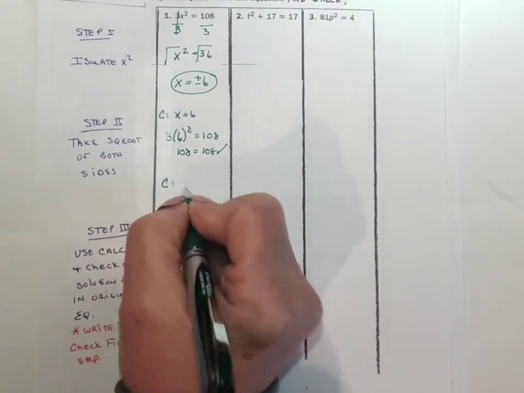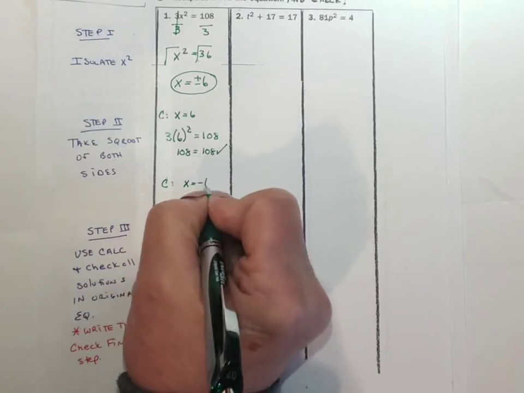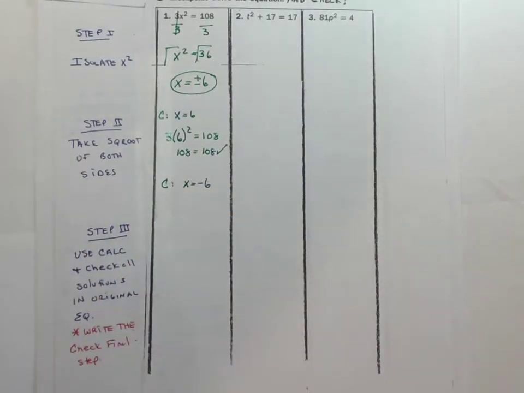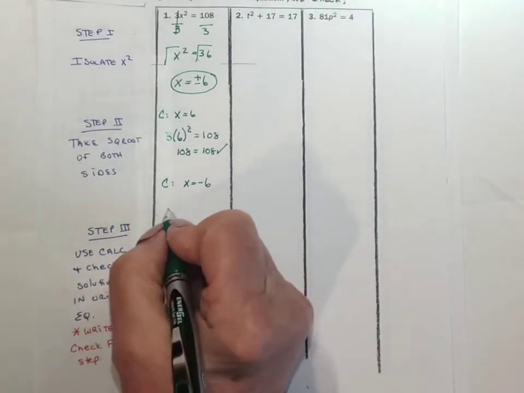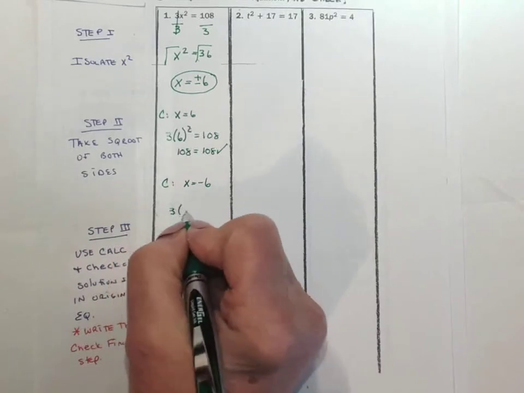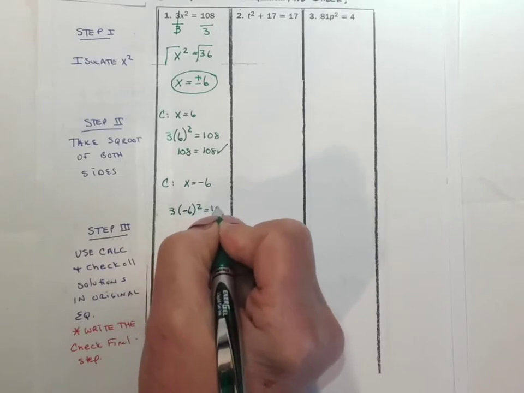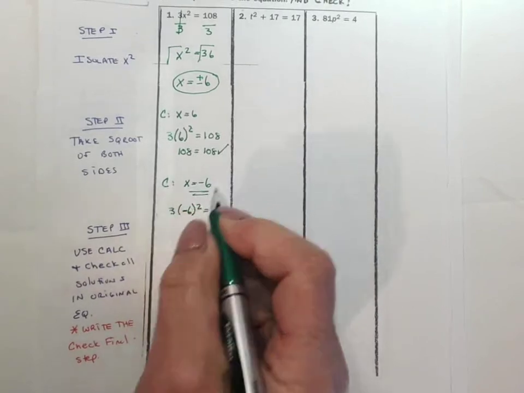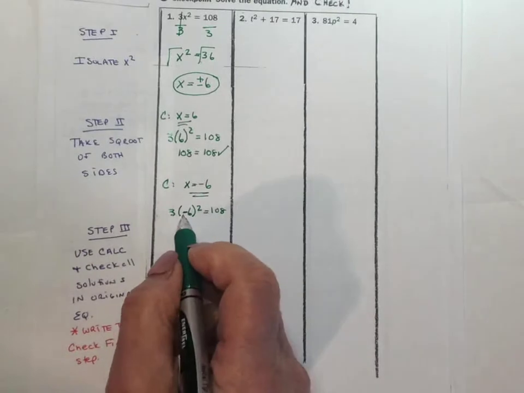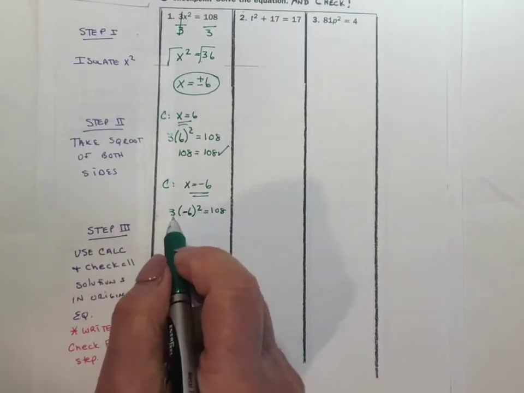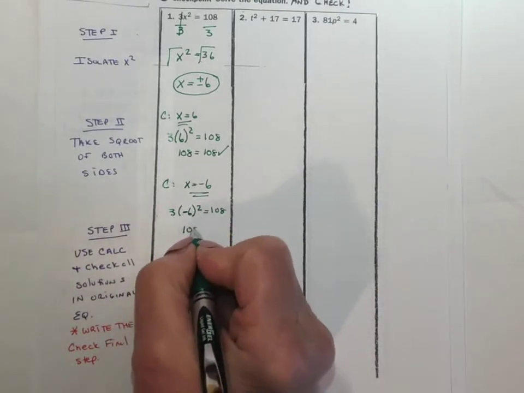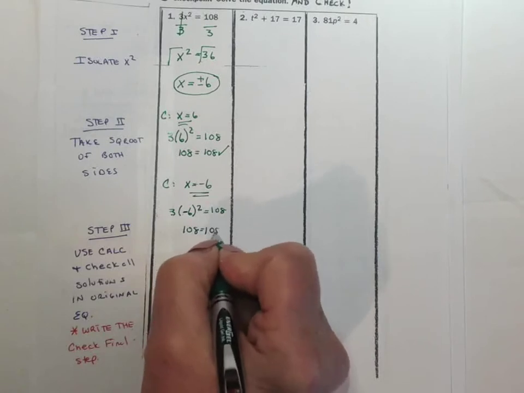And if I check x equals negative 6, then I'm going to have 3 times negative 6 squared equals 108. Negative 6 squared is 36 times 3. 108 equals 108.